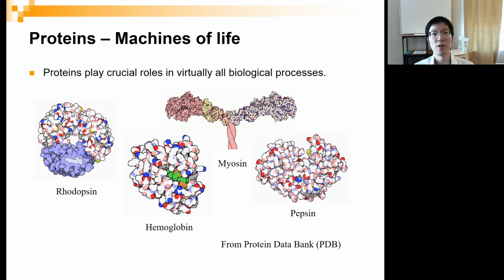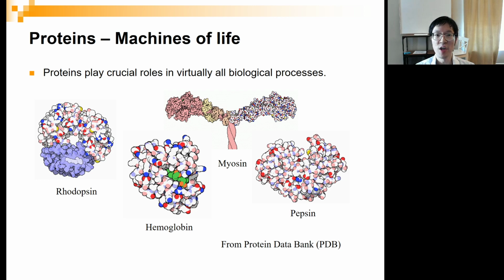Here are a few pictures of some proteins. We can think of proteins as machines of life, as they play such crucial roles in so many biological processes. Here I've shown you 4 examples of proteins. On the left there's rhodopsin, which enables you to see well in low light conditions, so it's a protein that works in our eyes.